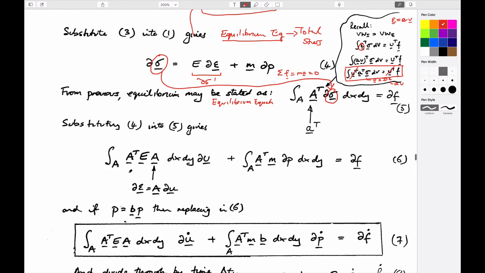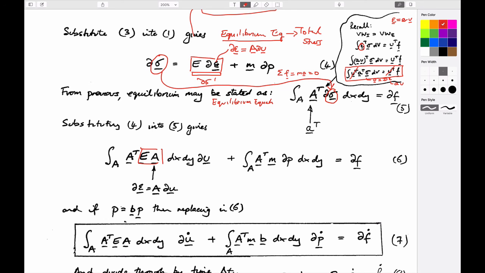And so what we would have would be, after we make this substitution here, we end up with a part which includes this. In other words, this part here is this, because I guess we could write this as d epsilon is equal to A du, right?